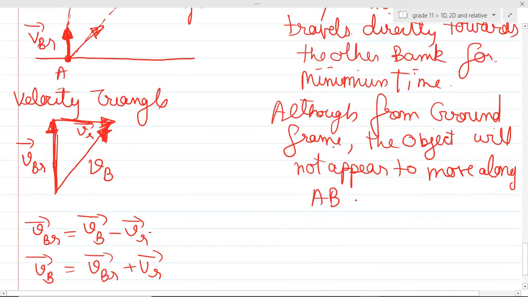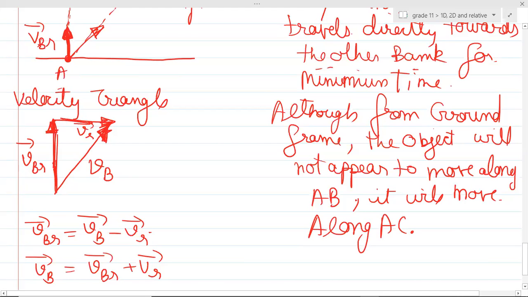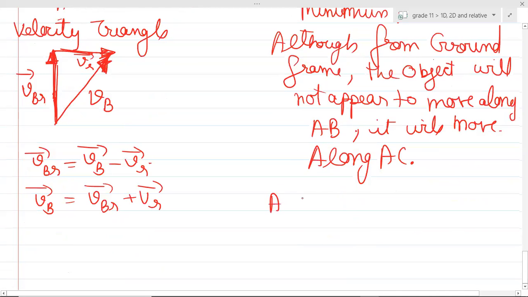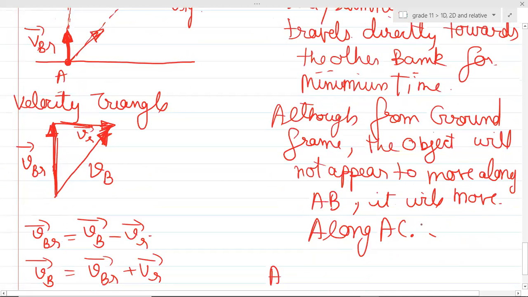So although from the ground frame the object will not appear to move along AB, it will move along AC and will drift sidewards. And instead of sidewards, can I say in the direction of the river?